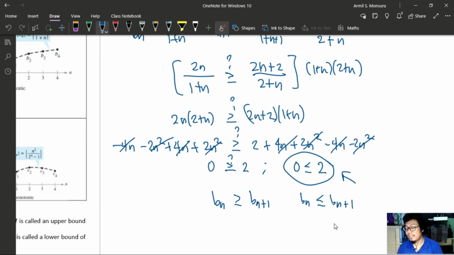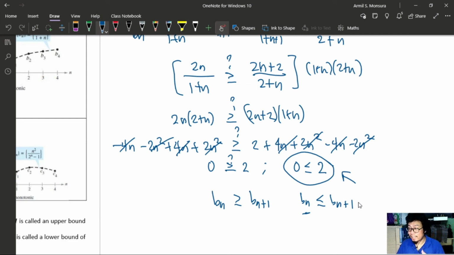This means that if the present term is less than the next term, your terms are increasing, and it happens in all cases.